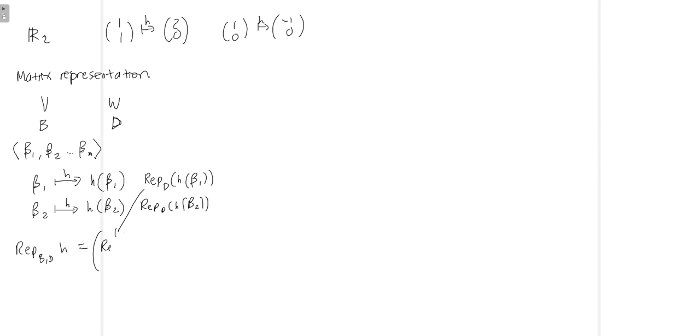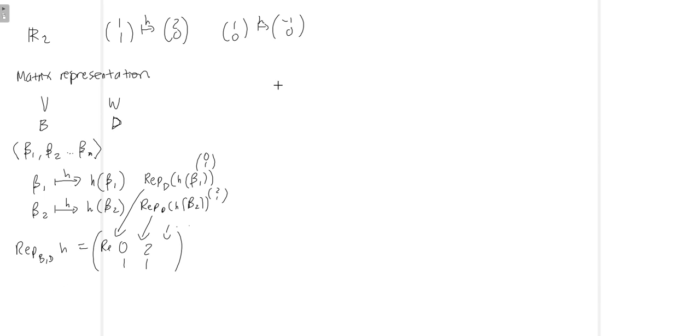So we're going to put this one here, and then put this one here, and then any more over here. And so basically this will be our matrix. If this was (0, 1) and this was (2, 1), this would basically look like 0, 1, 2, 1 here. And that's our representation of the map itself.